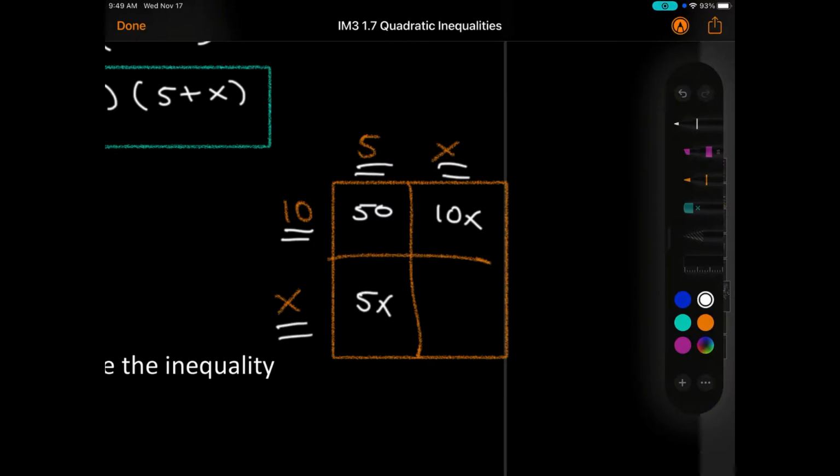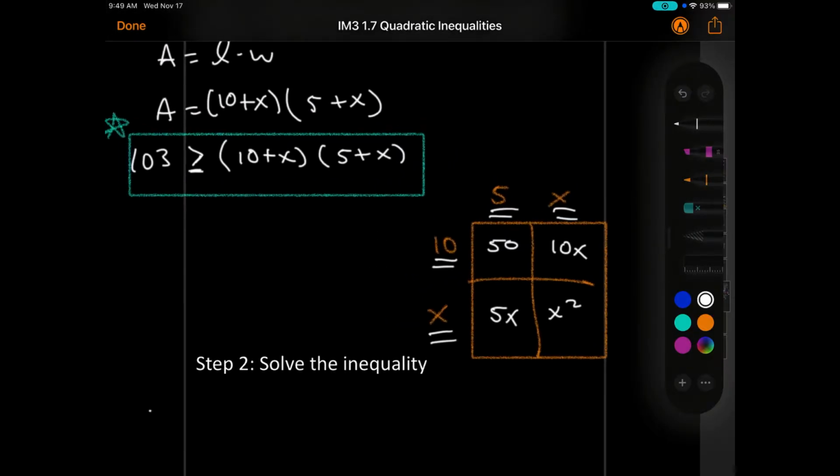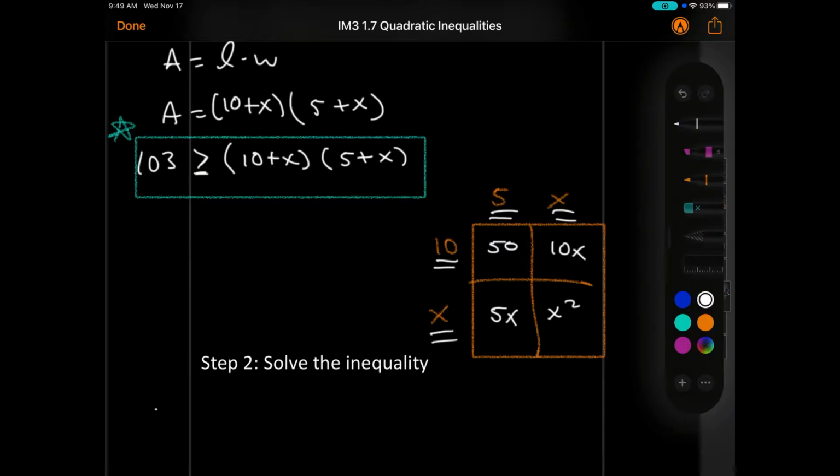And x times x is x squared. So the right side of the inequality is going to be x squared. We add these together now, so that'll be 15x. And this one will be 50.